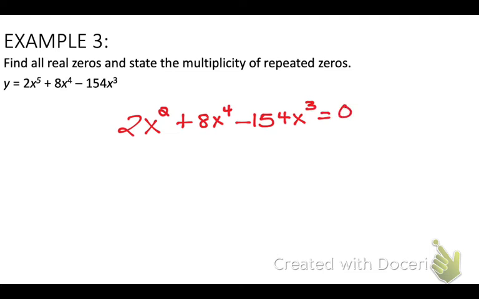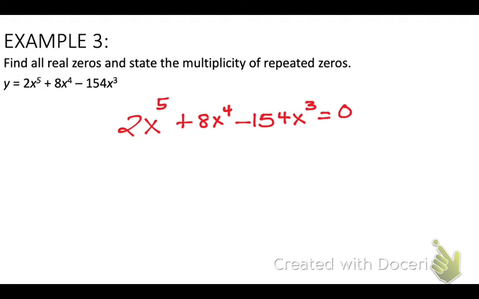So the first thing I always check is, can I factor anything out of that? Do I have a GCF, a greatest common factor? Can I take a 2 out of 2, 8 and 154? Yeah.